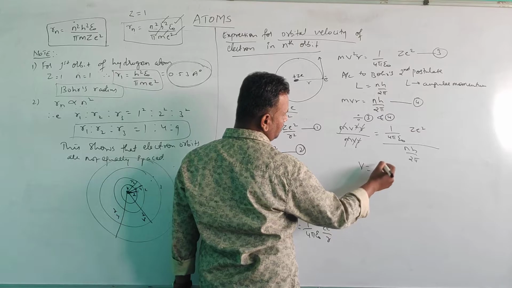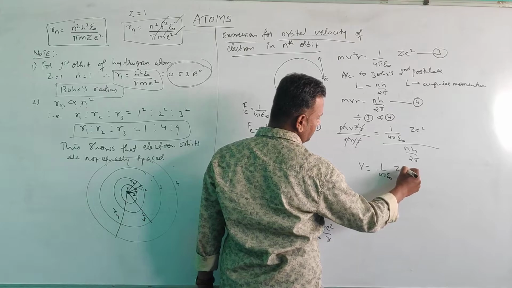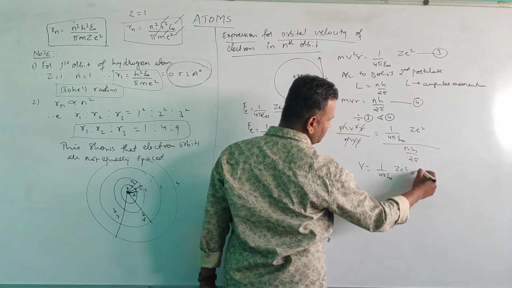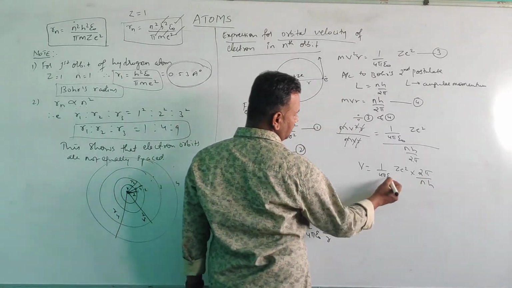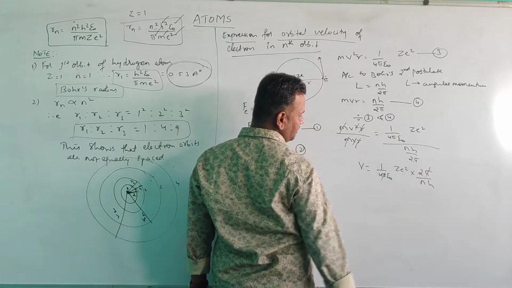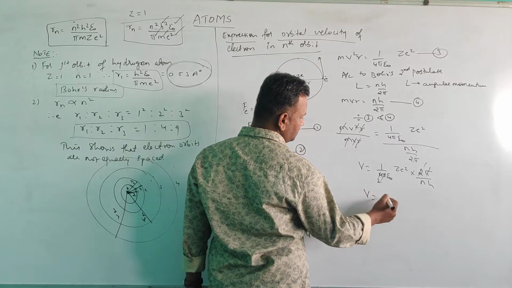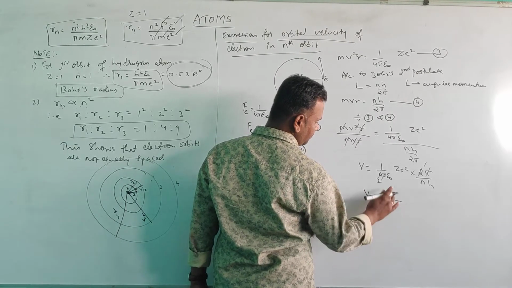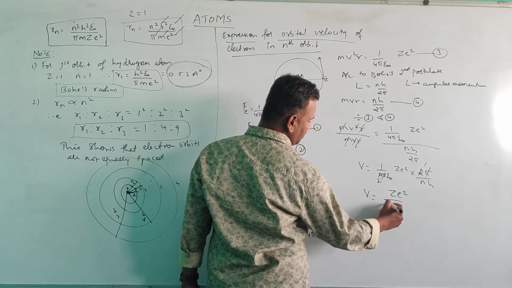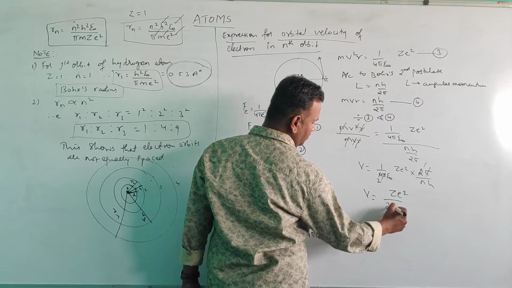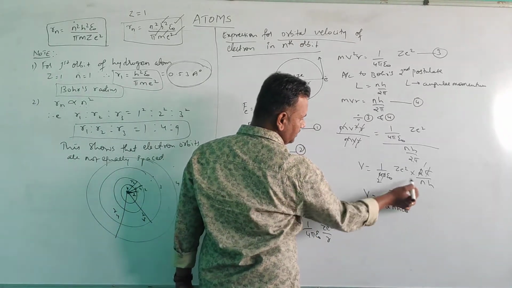So I get v is equal to 1 by 4 pi epsilon naught Ze square into 2 pi divided by nh. Here pi gets cancelled, and 2 ones are 2 twos, so it becomes v is equal to Ze square divided by 2nh epsilon naught.